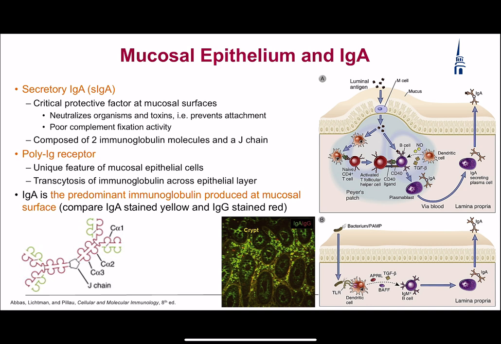There's two IgA molecules that are hooked together by a J, joining chain, all right? So that's one mechanism for getting IgA. The second unique factor is this poly-Ig receptor, and that's uniquely expressed on mucosal epithelial cells, both the GI tract, and as we'll see in a few minutes, in the lung.